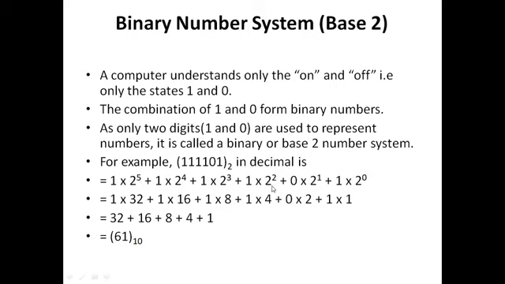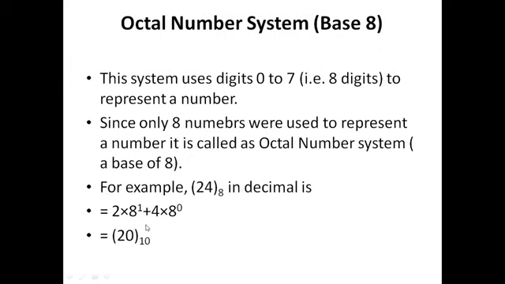Similar to the decimal number system, where we use increasing powers of 10, here, since it is binary, we use powers of 2, that is 2 power of position minus 1. Correspondingly, we have 1 into 1, 0 into 2, 1 into 4, 1 into 8, 1 into 16, 1 into 32. When we add up, we get the decimal number 61.